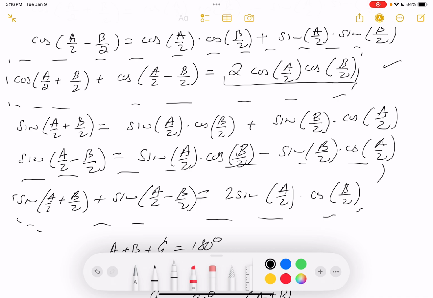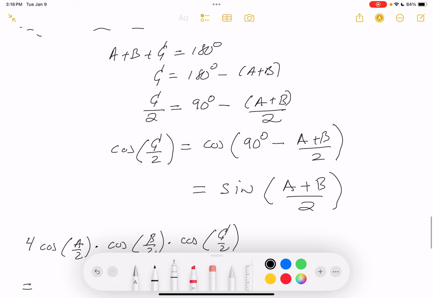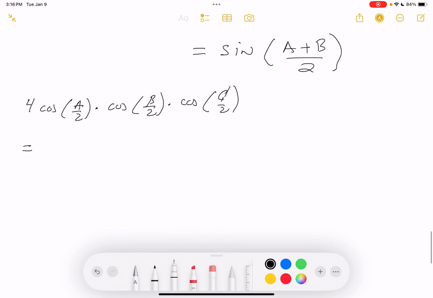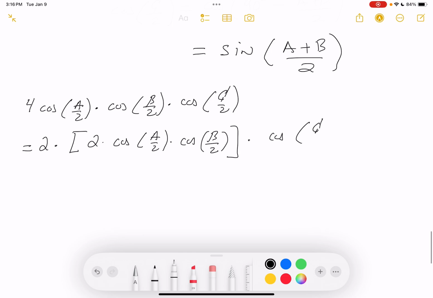And I'm looking at the 2 cosine A over 2 cosine B over 2. Well, I'm starting to see that. I'm going to write this down, 2. Then I'll write down 2 cosine A over 2 cosine B over 2. Then I get cosine of C over 2.